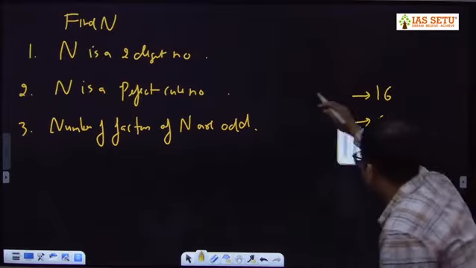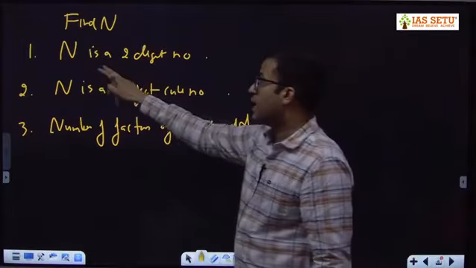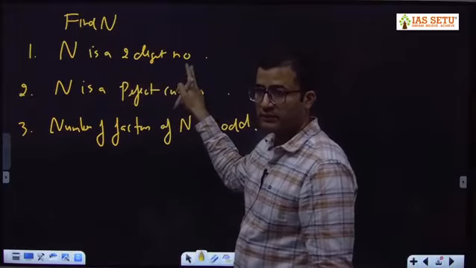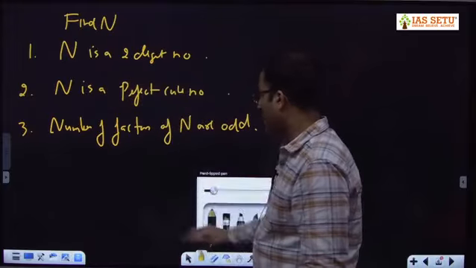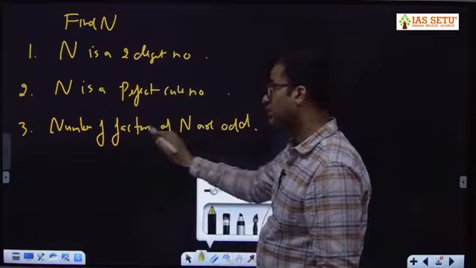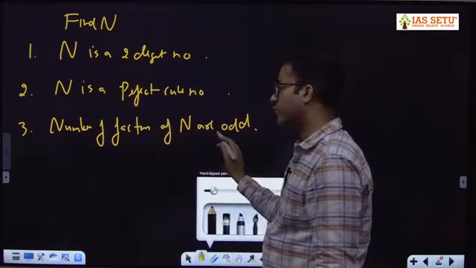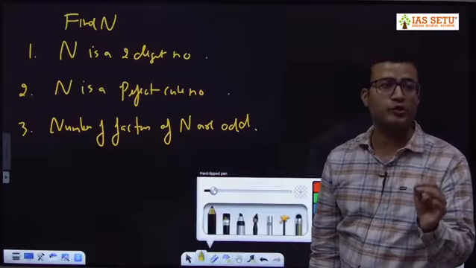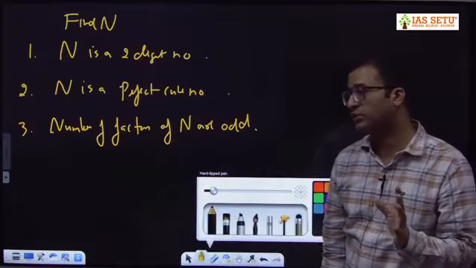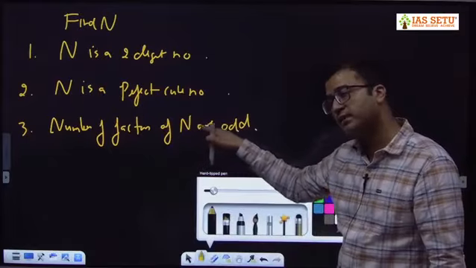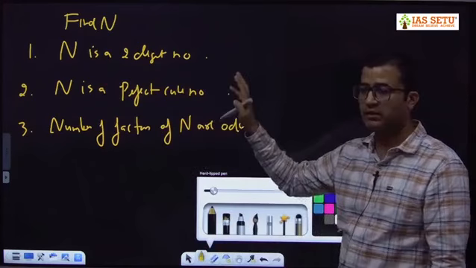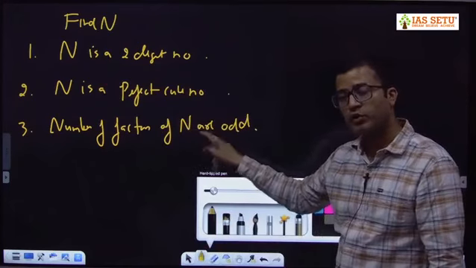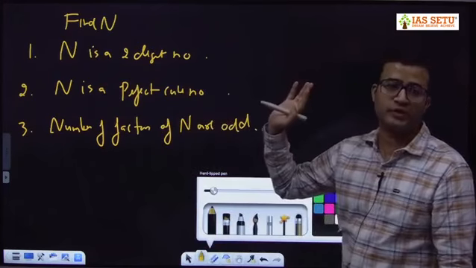Method number one. Here n is a two-digit number, n is a perfect cube number, and the third property is that the number of factors of n is odd. So you can conclude, the examiner wants to check whether you know this observation or not. You can conclude n is a perfect square number as well, because an odd number of factors itself means n is a perfect square number.